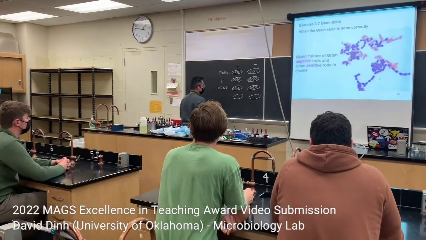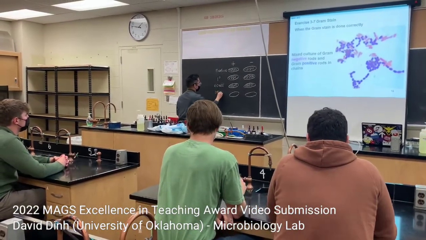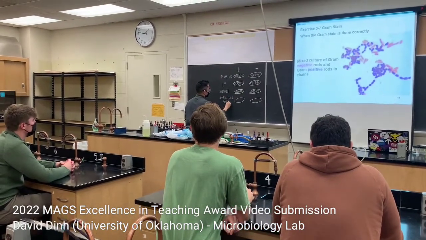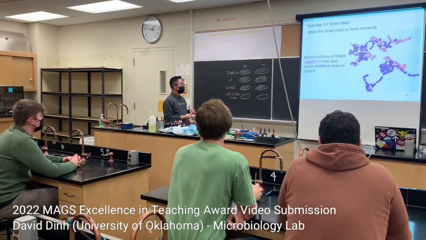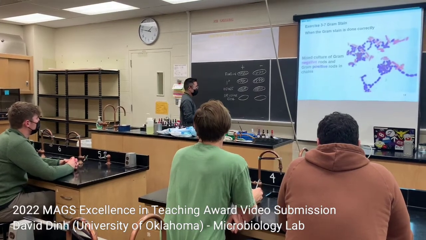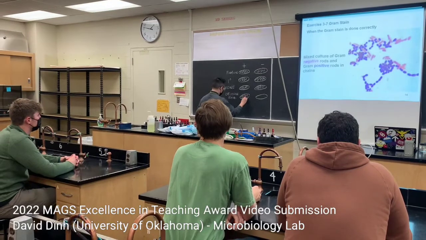And the next step is the decolorizer with ethanol. So which one will stay, or would they both be clear, transparent, or purple, or pink? Your gram-positive will be purple, or gram-negative will be clear. Okay.